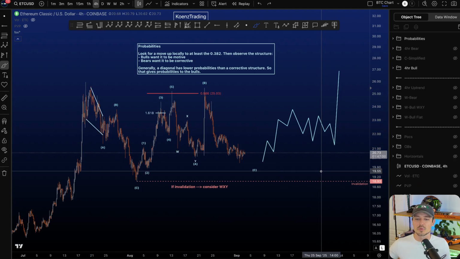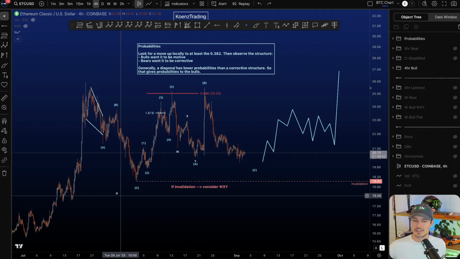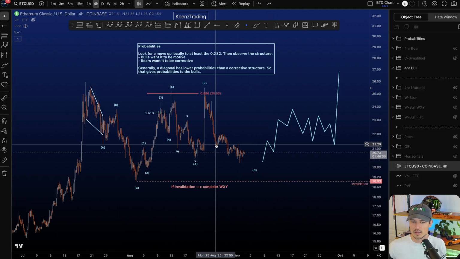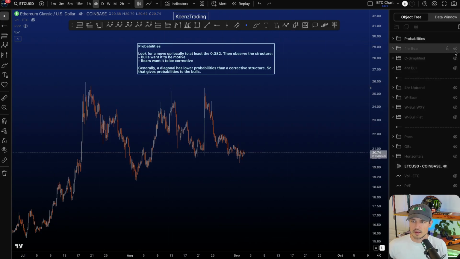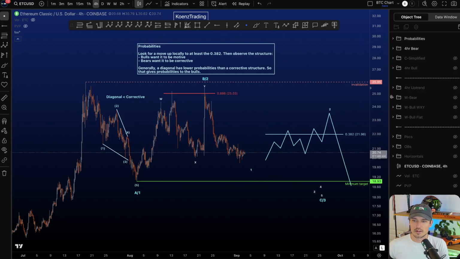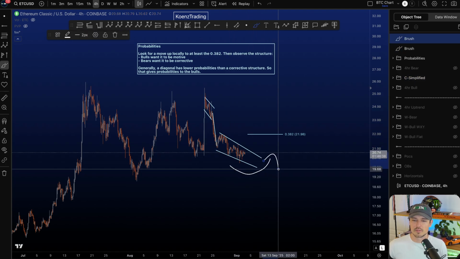So if price would take out that low, then that is going to be your alternative bullish scenario, which at the moment is not a priority at all because we haven't taken out that low. And at the moment, this is primary and this is secondary. What is most important is that locally in both of these cases, we're looking for price to at least create a bit of a bounce, and the 0.382 generally is a minimum target.